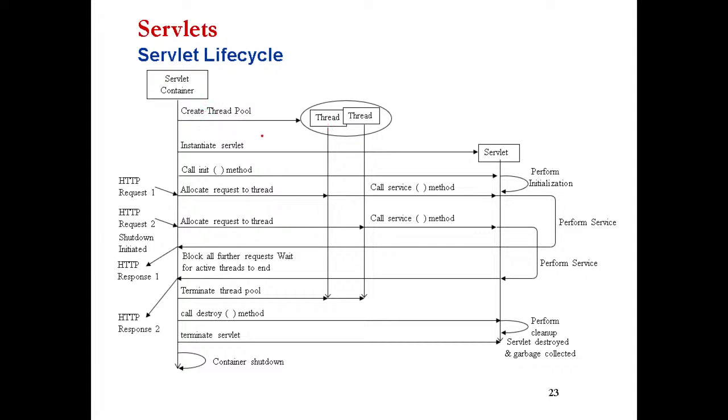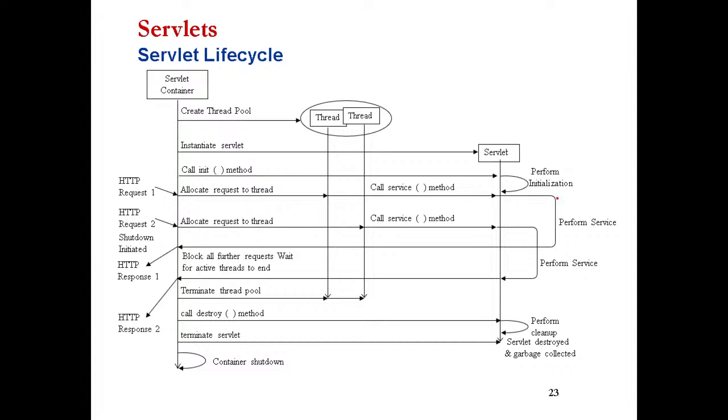Whatever request comes, a thread is created. Once the thread has been created, it initiates the servlet. So the servlet method is called, and at that time the servlet is started. It calls the init method for initializing its state. Then it allocates the request to the thread, meaning the service method is called.